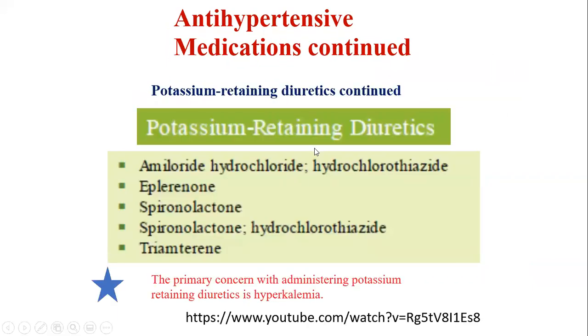Here is the list of potassium-sparing diuretics. The drug names are amiloride hydrochloride, spironolactone, and triamterene. The primary concern with administering potassium-retaining diuretics is hyperkalemia.